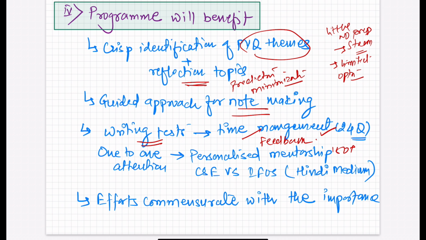In addition to this, my special attention in the one-to-one and personalized mentorship, particularly for those who are coming from the CSE mains or those who are coming from the IFoS only prep, is very central, as this differentiating approach is necessary to make the maximum out of whatever resources you have in hand, and ensure that you are actually cruising not only to the path of interview but to the path of ultimate selection.